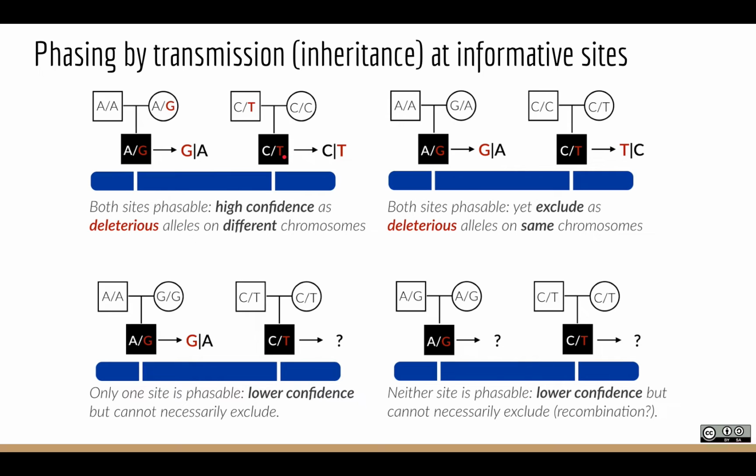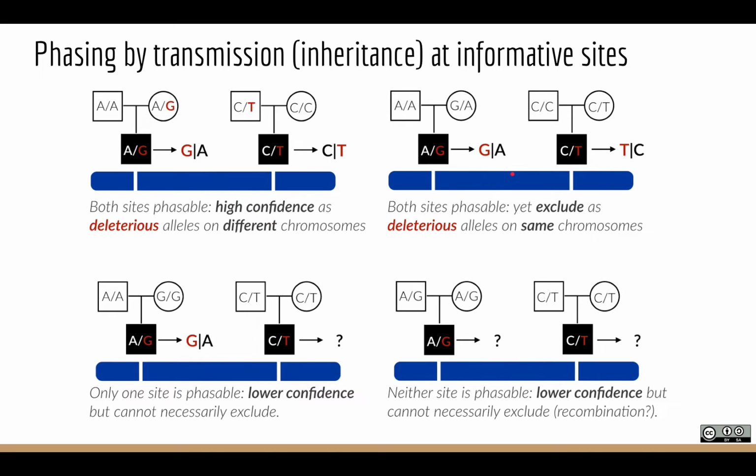And at this site, the T is clearly coming from dad, so we can say that this is obviously the paternal allele. Okay, so this is a high confidence compound heterozygote example because we know by inspecting parents' genotypes that both of these alleles were inherited on different parental chromosomes.